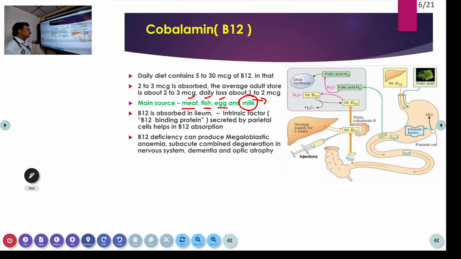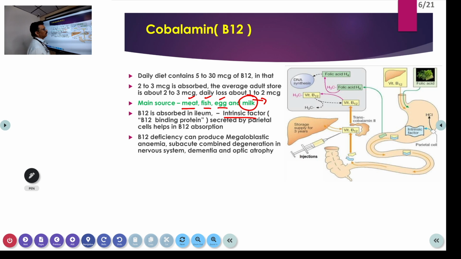Whatever it is, if the diet does not contain B12 from any of these sources, then the patient can develop B12 deficiency. Sometimes there will be intrinsic factor antibodies. B12 is absorbed in the ileum by intrinsic factor secreted by parietal cells. So antiparietal cell antibodies in patients can sometimes produce B12 deficiency.